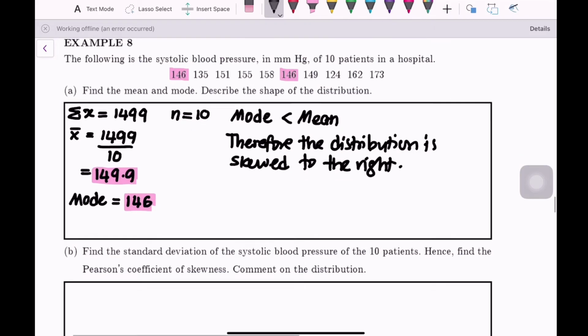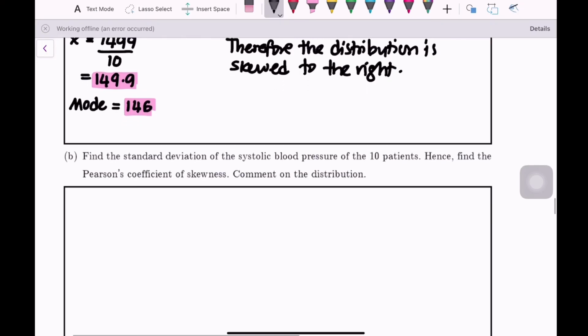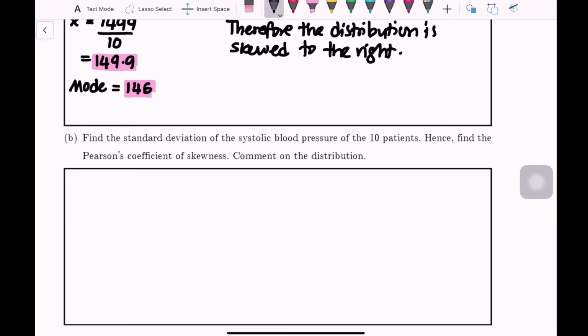B. Find the standard deviation of the systolic blood pressure of the 10 patients. Hence, find the Pearson's coefficient of skewness. Comment on the distribution. To determine the standard deviation, we need to find the sum of x squared. Sum of x squared is 226,397.